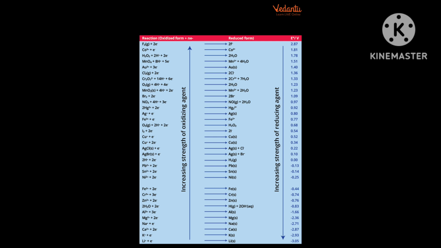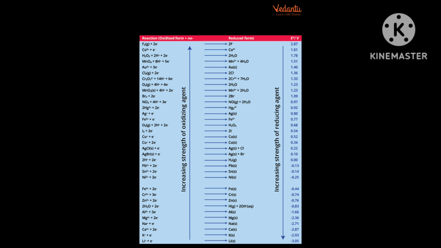Here the Zn ion concentration increases with time. In the cathode compartment, copper ion is converting into metal. The copper ion takes the electrons coming from the zinc side, the anode side.